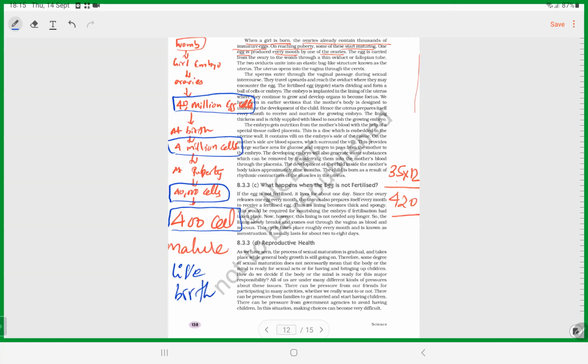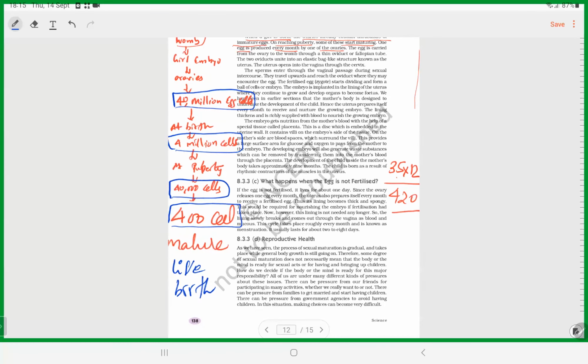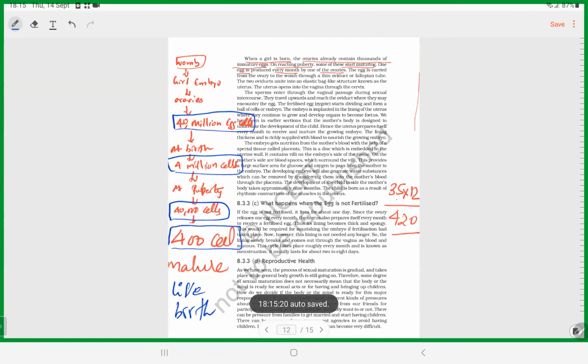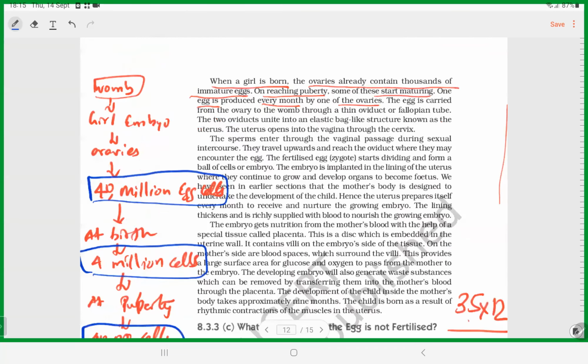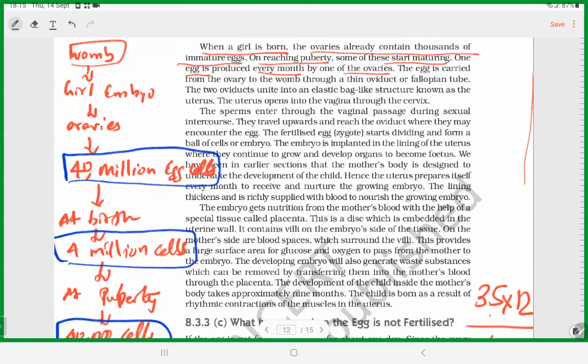So slowly the egg cell count reduces from development till menopause. That's the main thing we should know about the female reproductive system and the production of egg.